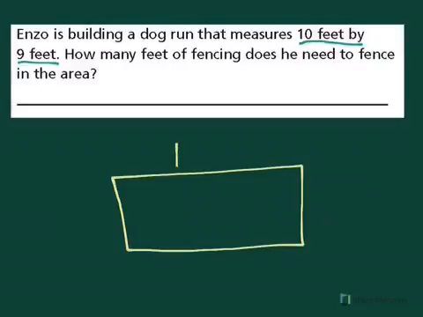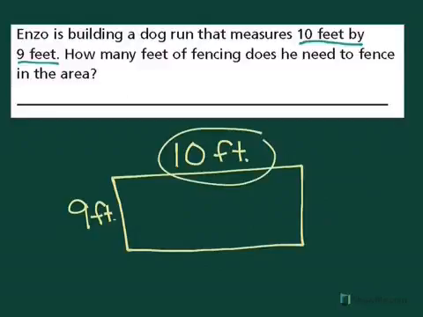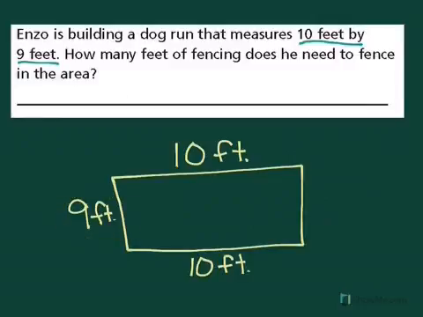We know that our dimensions are 10 feet by 9 feet. If you remember, for perimeter, we're going to add the length around. So if this side is 10 feet, then this side is also 10 feet. And if this side is 9 feet, then this side is also 9 feet.